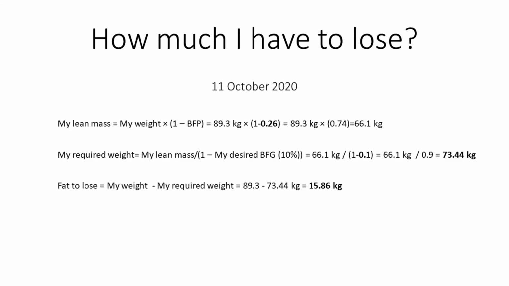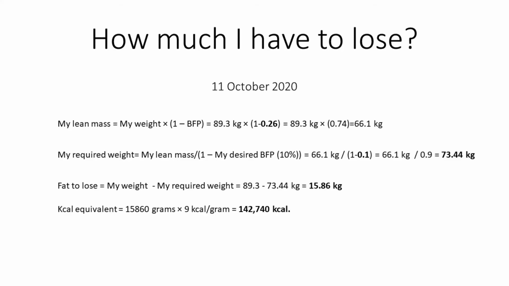How much is that in calories? Well, in my previous videos, you've seen the assumption that I use that each gram of fat is equivalent to 9 calories. So that means that I have to burn about 142,000 calories in order to approach my desired fitness value.